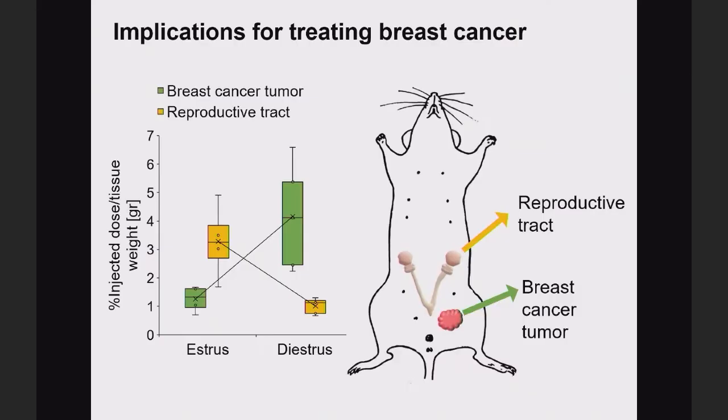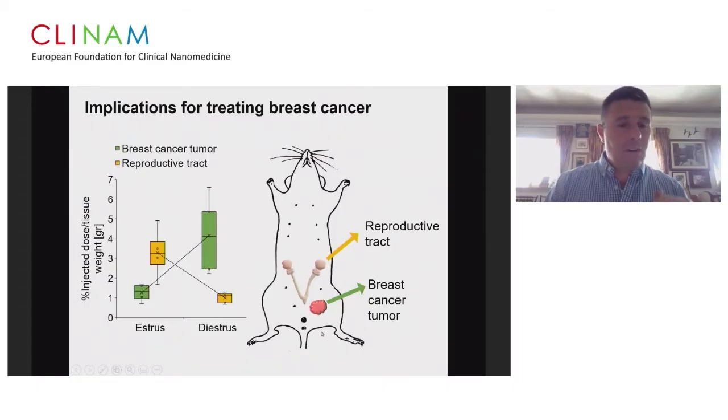However, when we treated breast cancer, so this is a breast cancer tumor, we saw a very distinct biodistribution and also efficacy in the mice when we treated at the peak of ovulation or at the base of the ovulation. When we treated at the peak of ovulation, we were losing a lot of the liposomes, which were loaded with a drug, to the reproductive system, meaning that not enough drug reached the tumor.